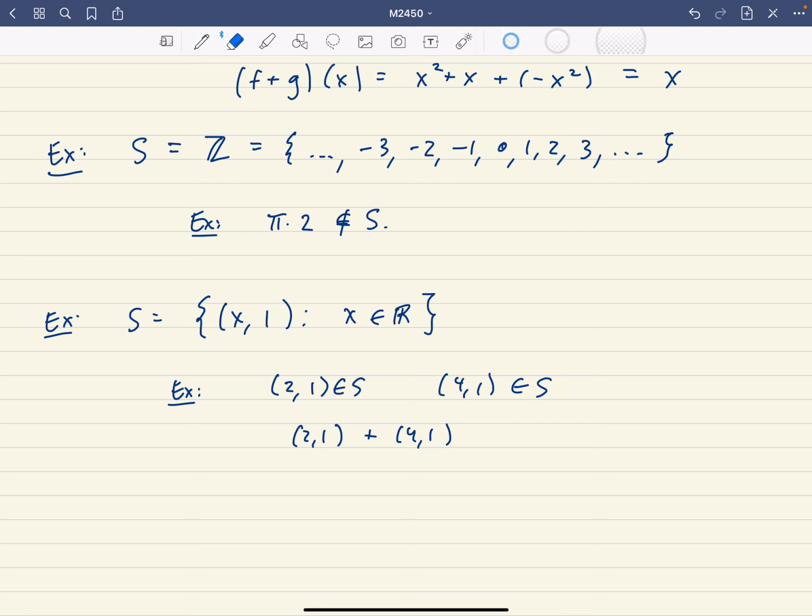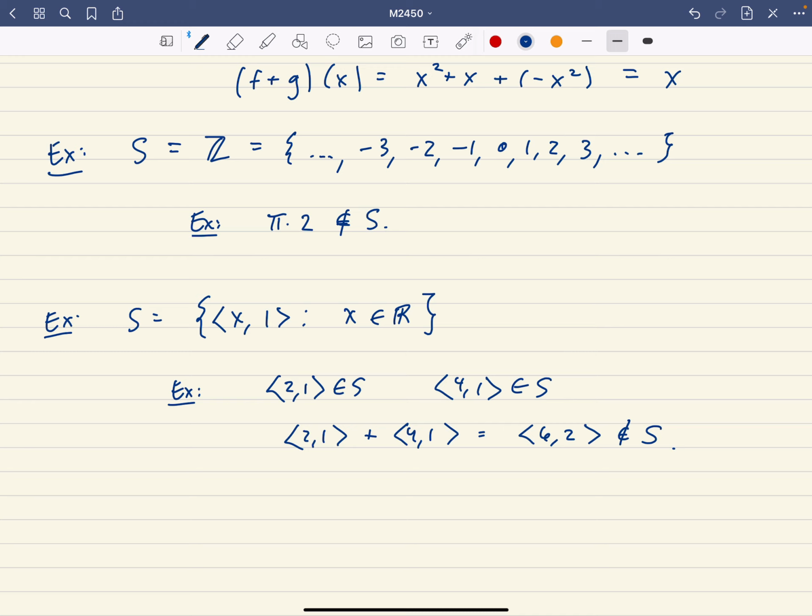and I'm sorry, I'm just realizing that I'm reverting back to what the book does without explicitly saying it. So let me actually write these as vectors if you'd like. So this is the set of vectors x, 1. So let's take the vector 2, 1 and the vector 4, 1, and those are both in S. But when we add them, we get the vector 6, 2. Since the second coordinate is not 1, it's not an element of S, and therefore it's not closed under addition.